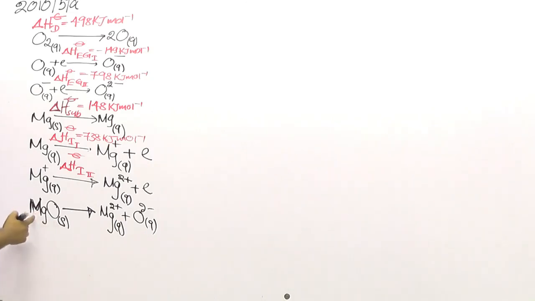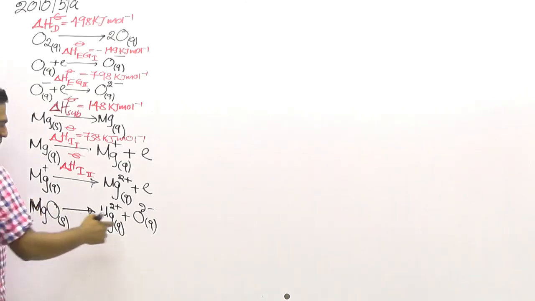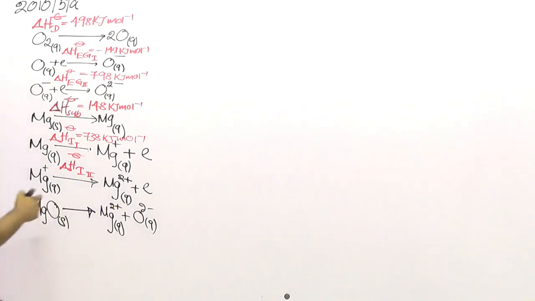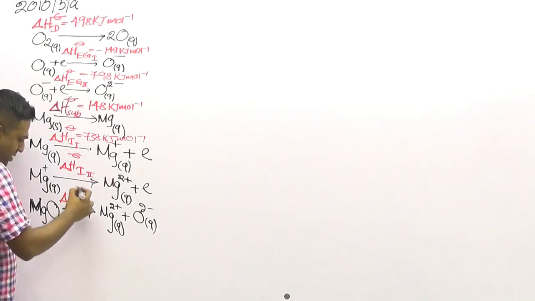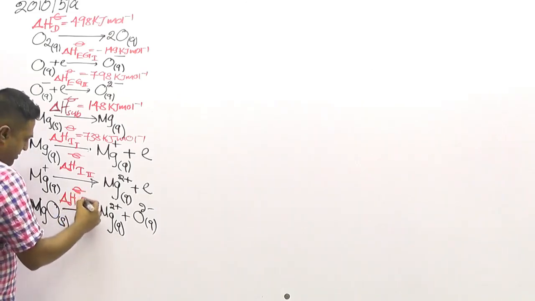Constituent ions: magnesium and oxygen. Valency of magnesium is +2, so Mg2+. Valency of oxygen is -2, that is the O2- ion. So this is what you call the enthalpy of lattice.